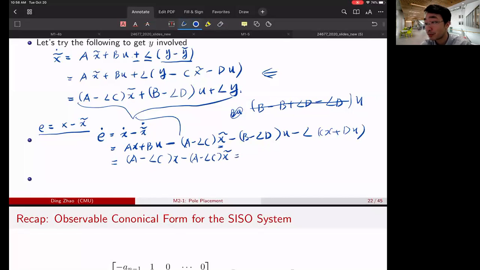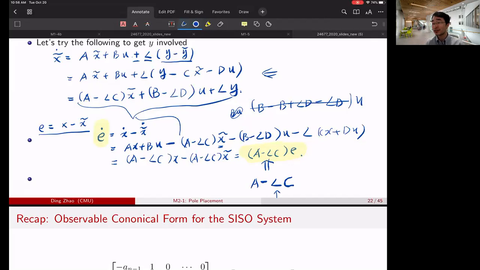Combine these two, so that will be A minus LC times (x minus x tilde), which is E. So the final dynamics: E dot equals (A minus LC) E. In other words, the only dynamics is governed by this A minus LC for our observer. So nothing to do with B, and it's only controlled by L.